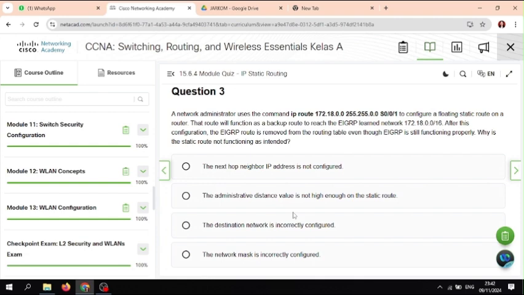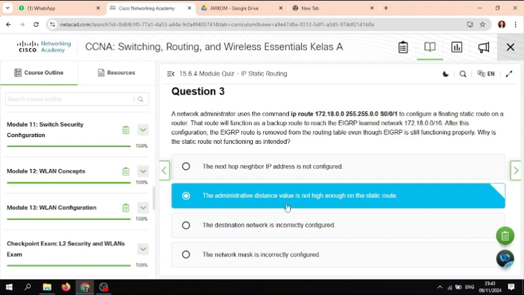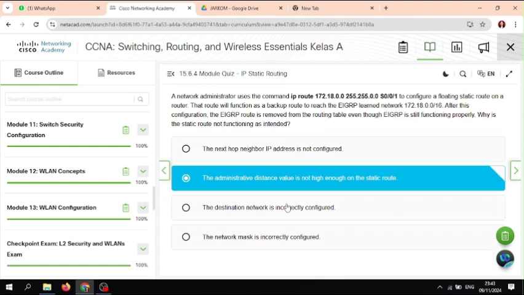That route will function as a backup route for the EIGRP learned network 172.18.0.0/16. After this configuration, the EIGRP route is removed from the routing table even though EIGRP is still functioning properly. Why is the static route not functioning as intended? The administrative distance value is not high enough on the static route.